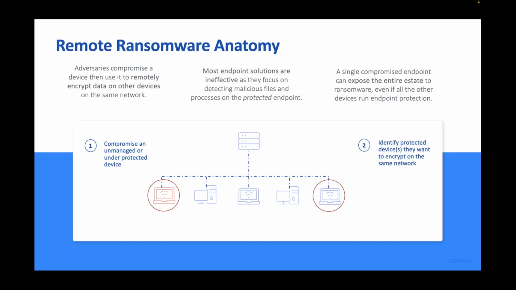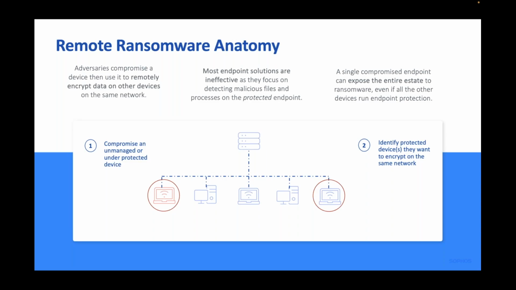What they will do next is scout around the network and look for other devices inside the estate that have the interesting data that they would like to encrypt. So rather than launching the attack and encrypting the data on the device they've actually got hold of, they are instead looking for victims around the rest of the estate that they can encrypt data on.